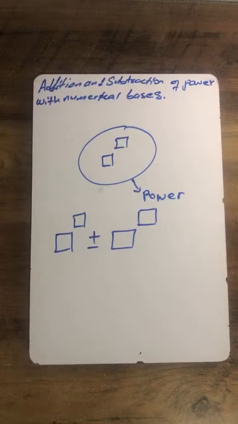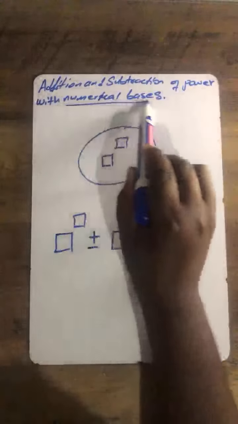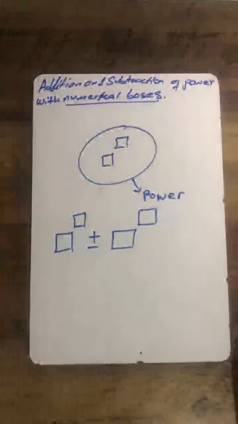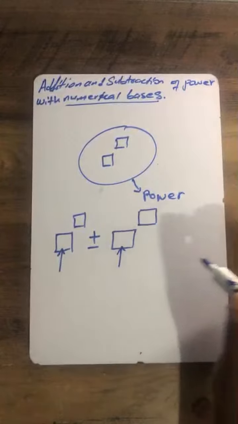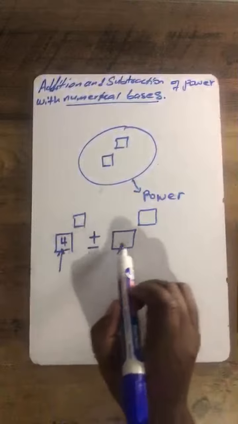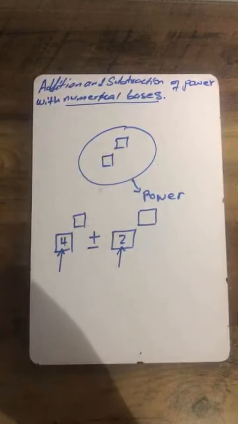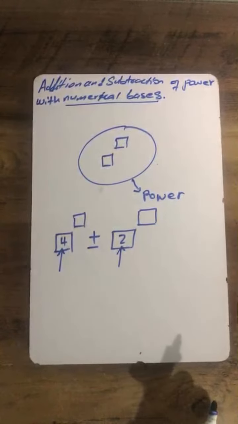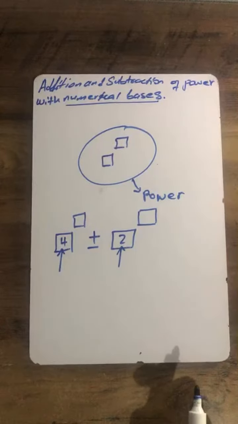It does not end there, honorable members. I am saying with numerical basis. That means our bases are going to be numbers, which could be, for example, 4 or 2, a number which is then going to be a base. Very, very much important, honorable members, on that one.